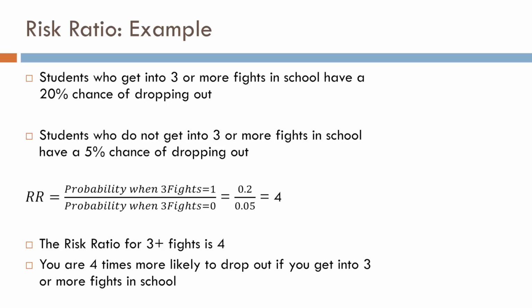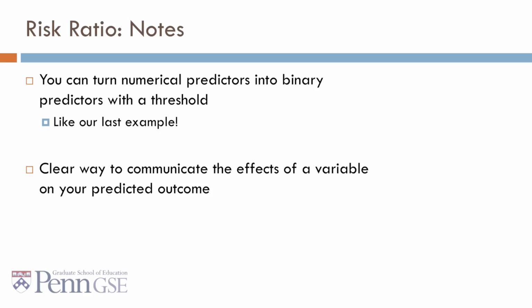So the risk ratio for 3 fights or more is 4. You're 4 times more likely to drop out if you get into 3 or more fights in school. Now, if you've got a numerical predictor, you can turn it into a binary predictor with a threshold, like in our last example. Risk ratio is a really nice metric because it's a clear way to communicate the effects of a variable on your predicted outcome.